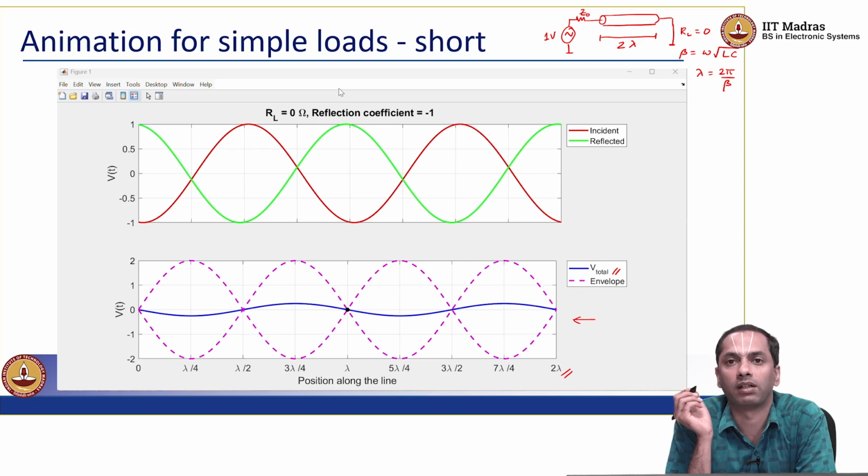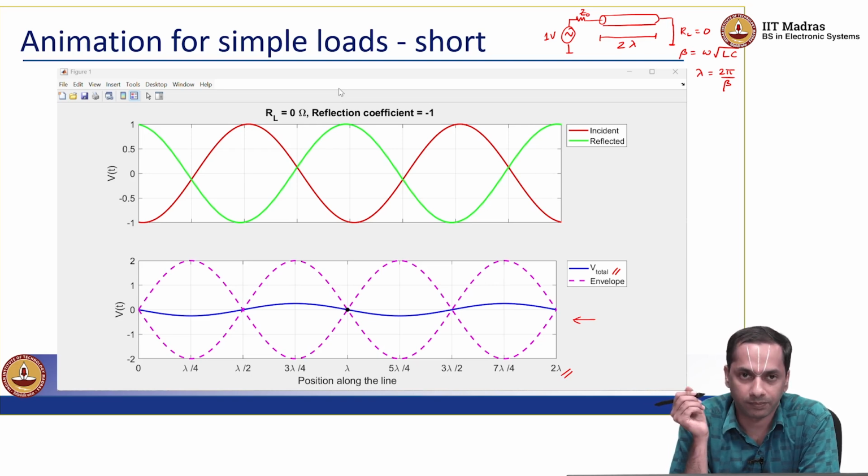And we want to understand or describe this net voltage in terms of equations, which is what we did all along this week. So this is a visual animation to show you how this voltage varies in time and along distance.